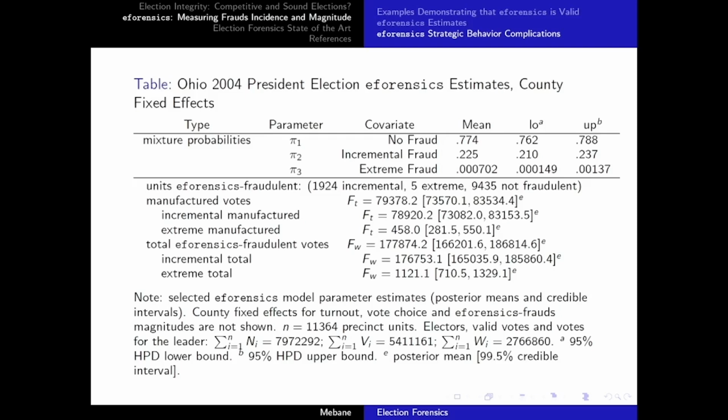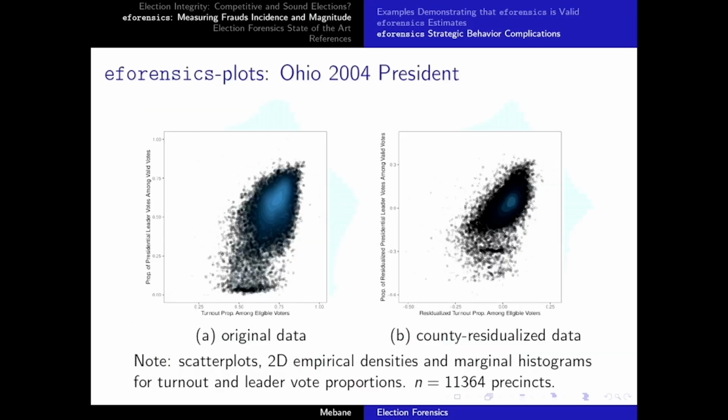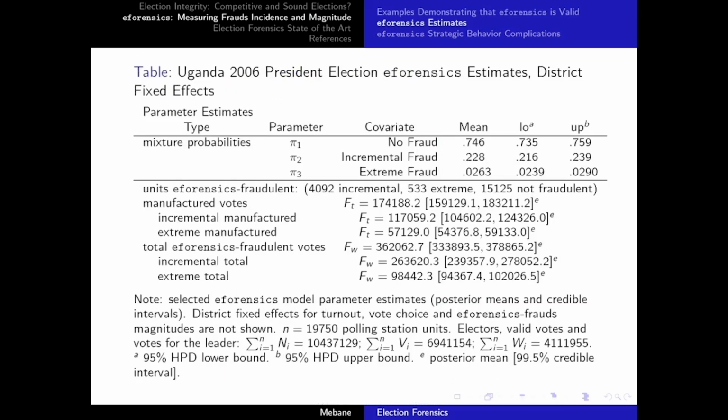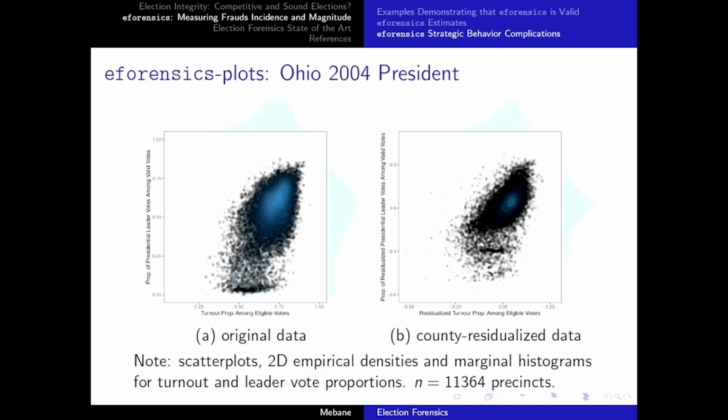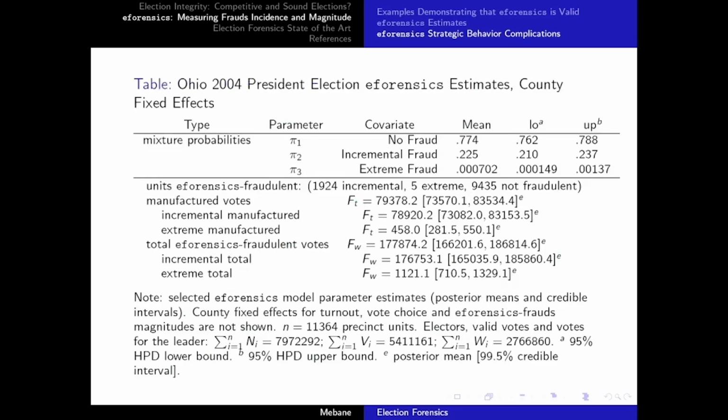When we do that, we find that Ohio looks a lot like Uganda in the sense that the proportions of the probabilities of fraud are about the same. If we go back to the Uganda 2006 data, you can see 0.746, 0.228. Here it's 7.7 and 7.225, so pretty similar. There are fewer polling stations, only 11,000 precincts versus 90-something thousand, so the number of frauds is not that many.